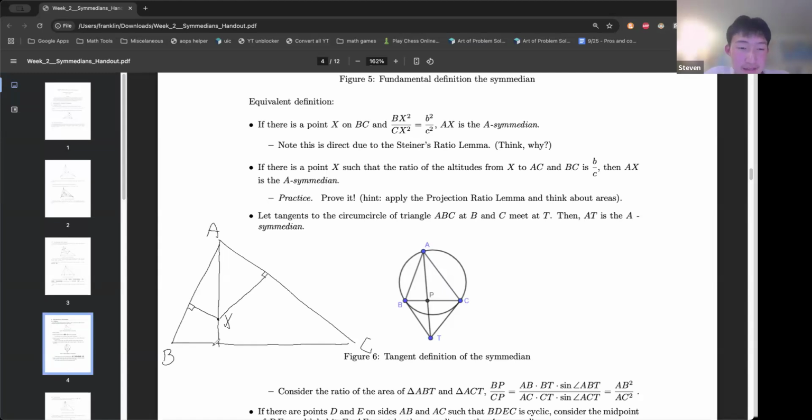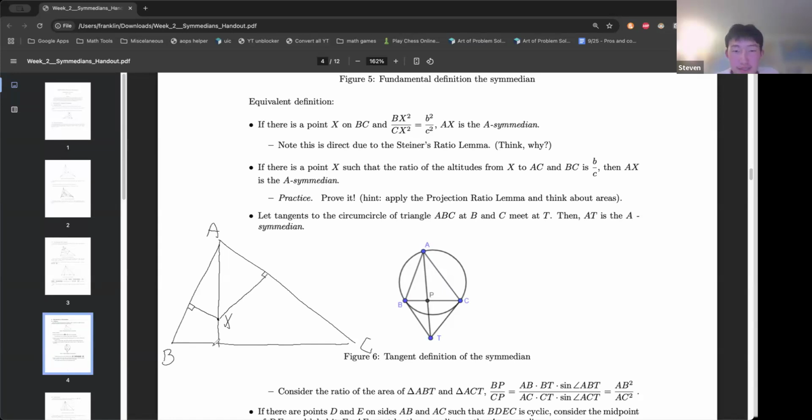So in this case, if you have a line or maybe just a point inside triangle ABC, such that the projection from X to AC and AB is equal to b over c, and that's going to equal the kind of inverse of the ratio on the A median point, and therefore it's going to be the A Symmedian.